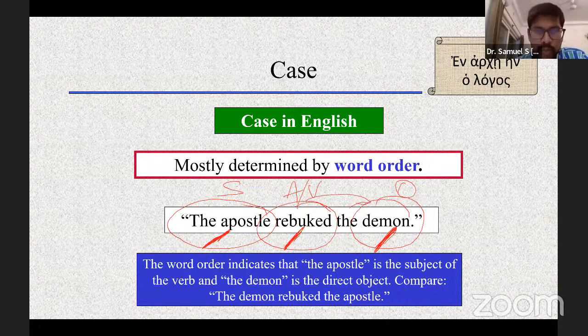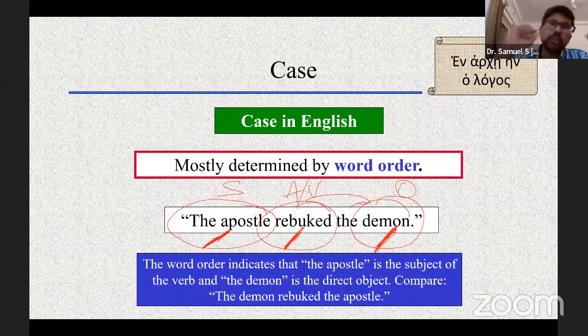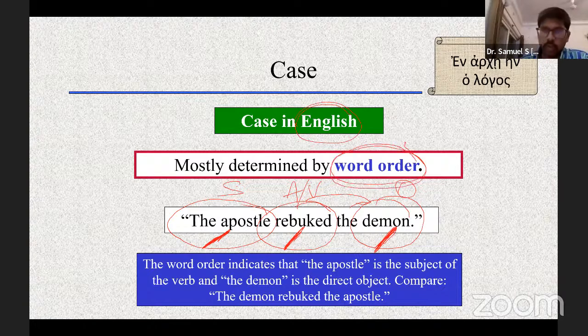Now, if you flipped the word order, if you say the demon rebuked the apostle, then the demon becomes the subject, the apostle becomes the object, just because of where it is positioned in the sentence. That's how English works. Word order defines how the nouns are functioning.